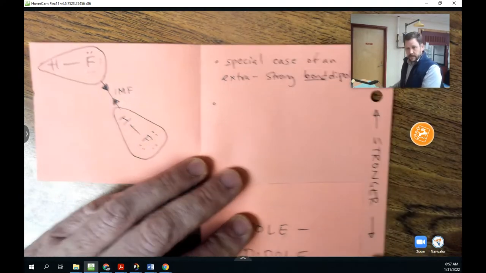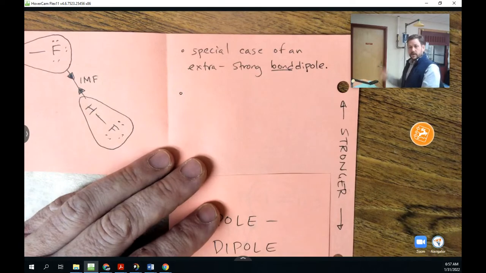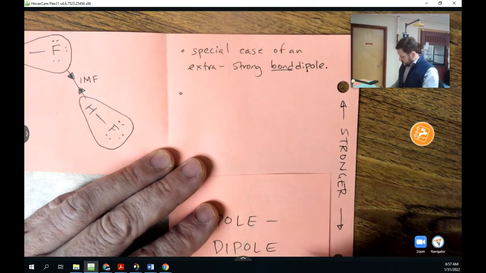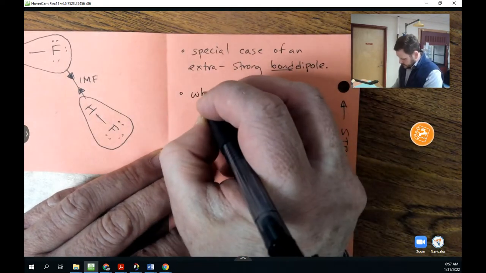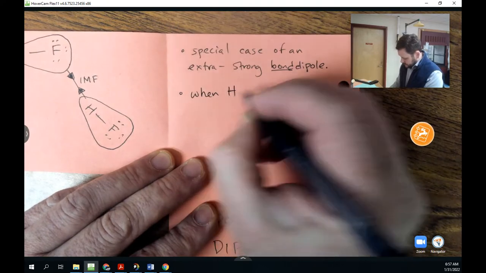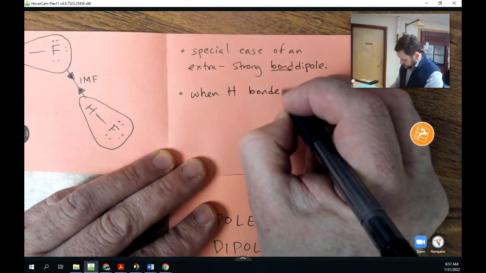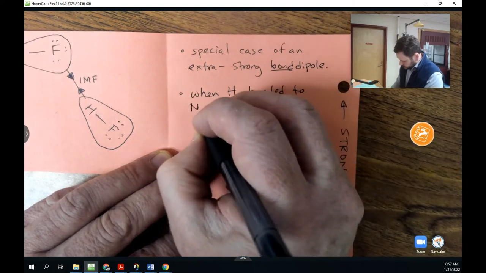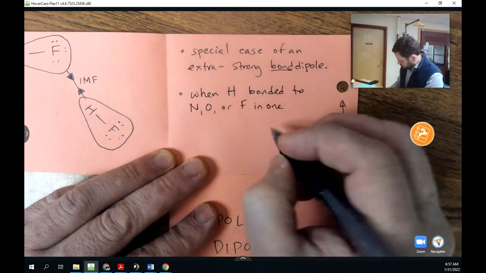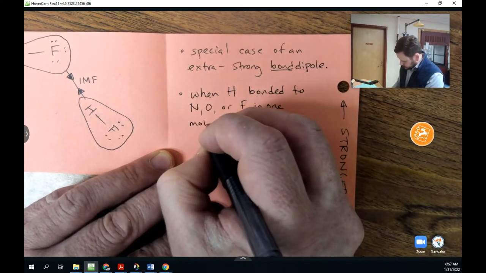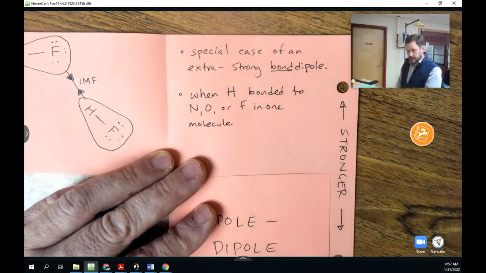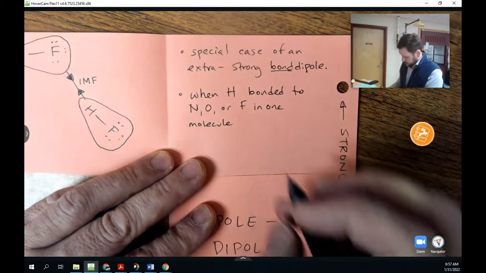It only is exhibited, excuse me, that says a special case of an extra strong bond dipole. It's only exhibited when hydrogen bonded to N or F in one molecule is attracted to a lone pair on N or F in another molecule.